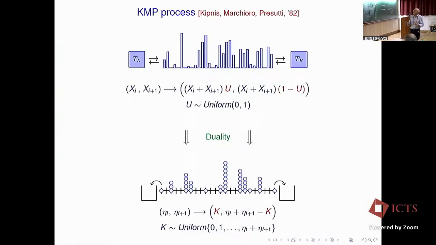At each site we have energy, and we redistribute uniformly: a fraction u of the total we give to site i, and the remaining fraction to site i plus 1. And then we have this dual. This was already noticed for exclusion, in the work of Herbert.